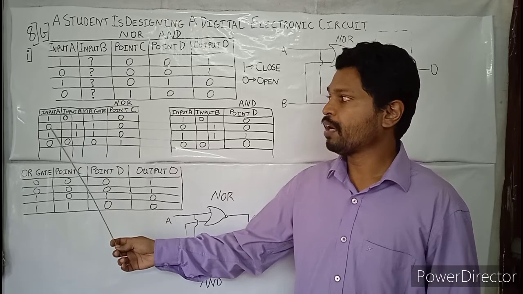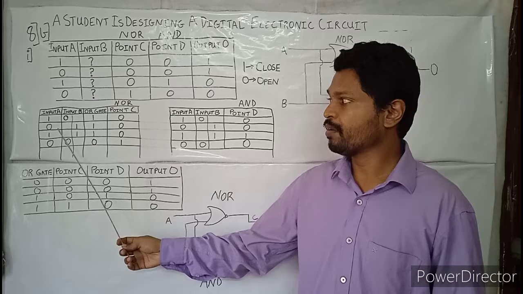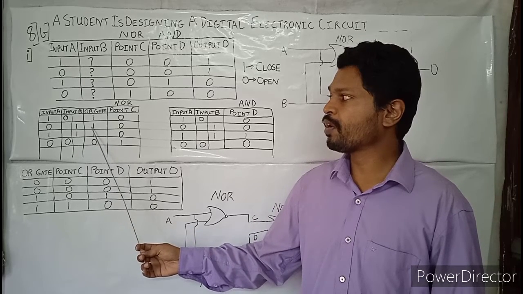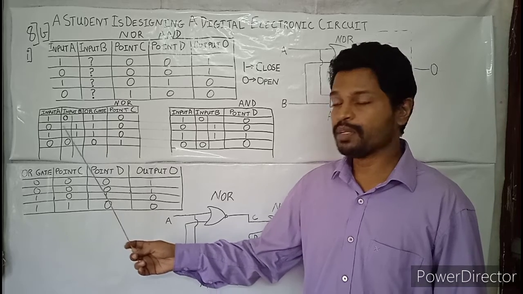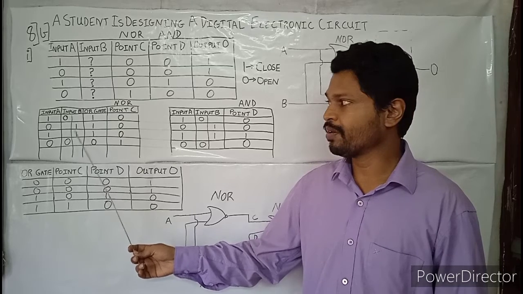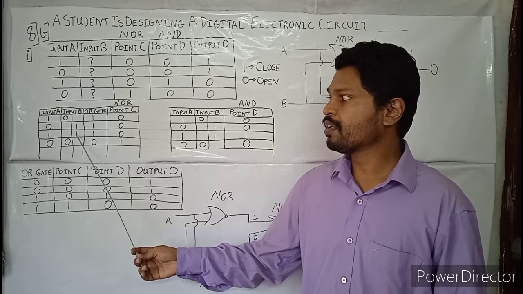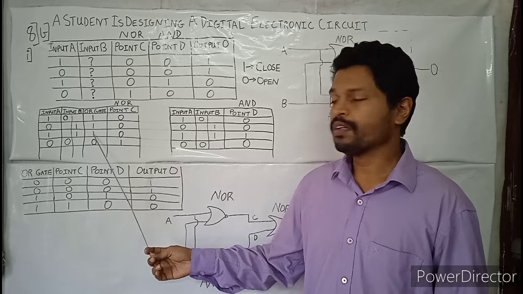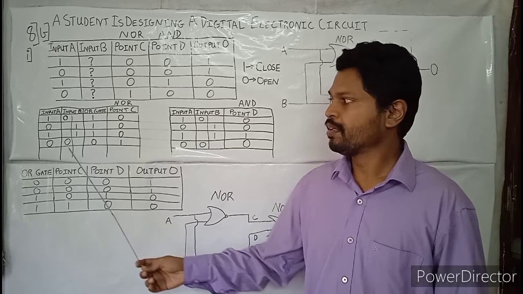Now here we have taken 0 from the question. If we put 0 here, what will happen? The answer over here will be 0, but the answer over here is 1. That means we have to take 1. That is why we have taken 1. Here, if we take 1, then we will get 1 over here, because this is an OR gate.